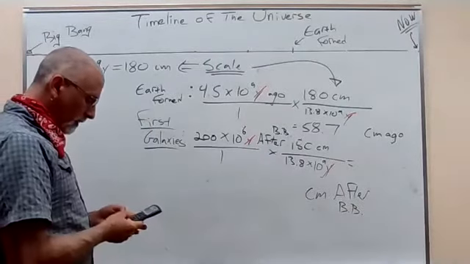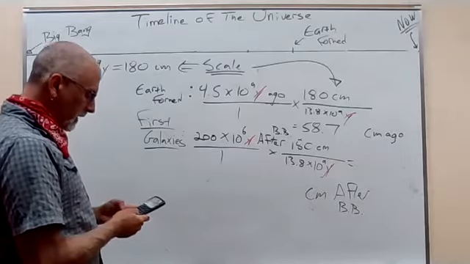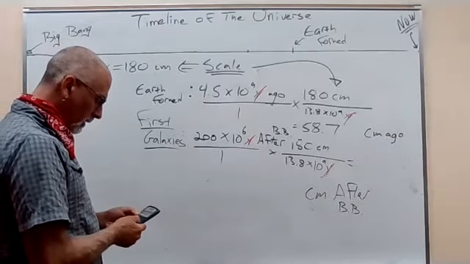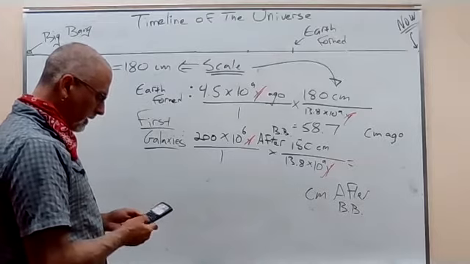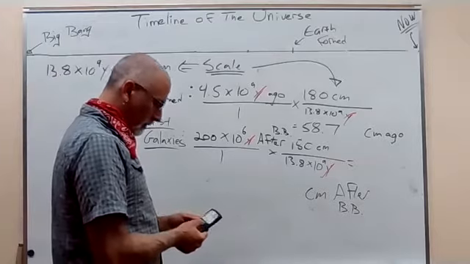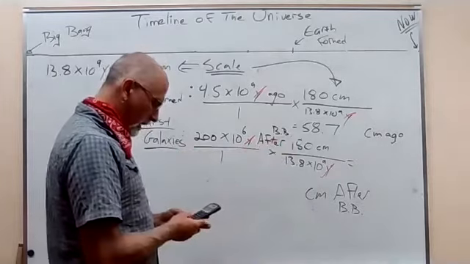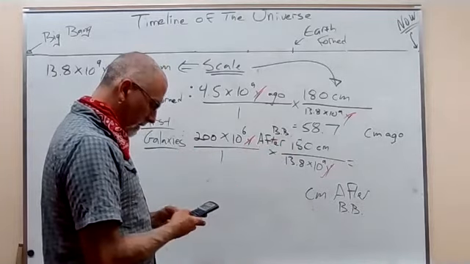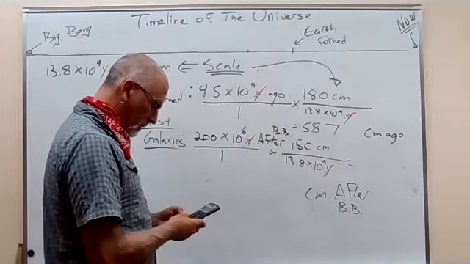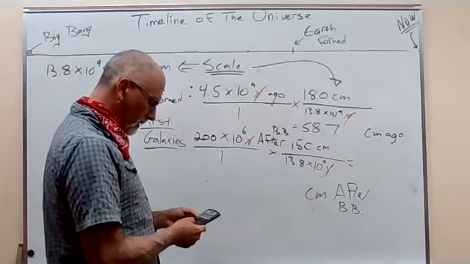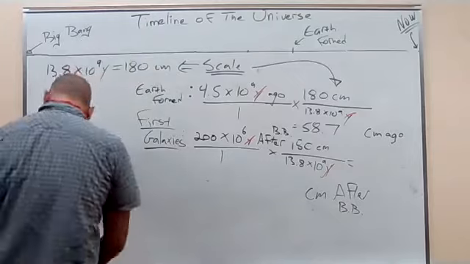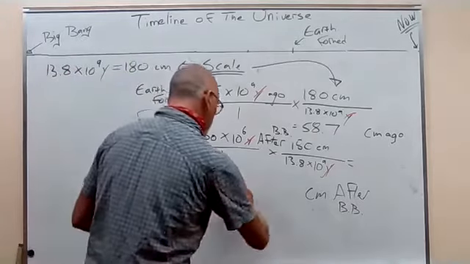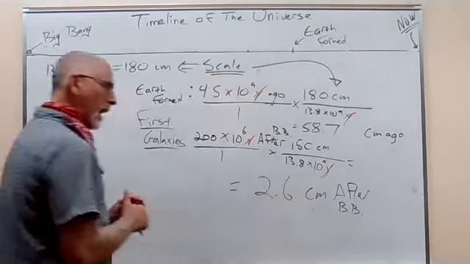I'll clear, 200 times 10 to the 6th, 200e6 times 180 divided by 13.8 times 10 to the 9th, 2.6 centimeters after the Big Bang.